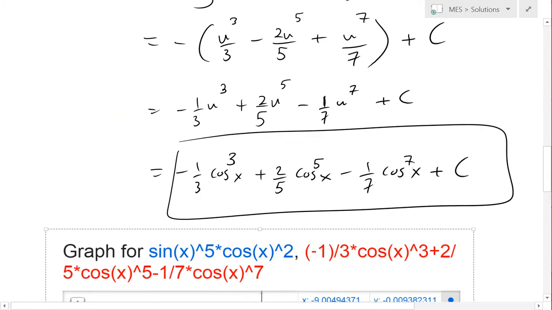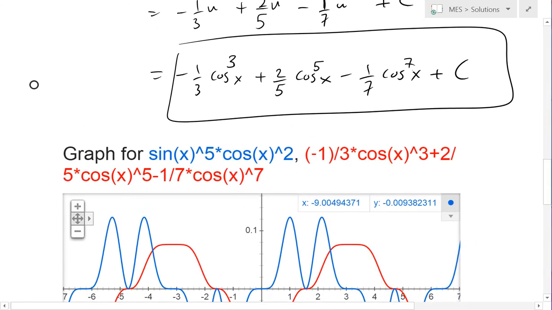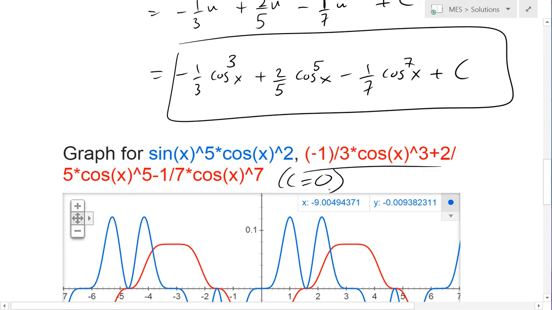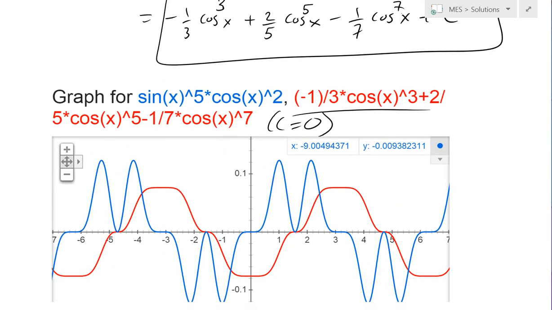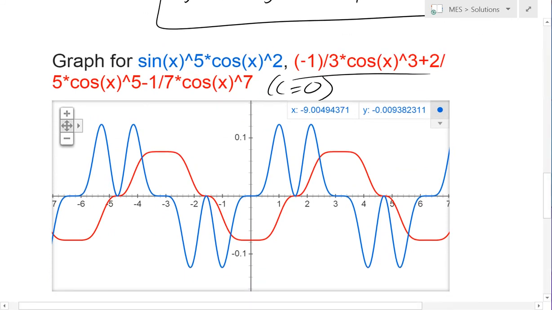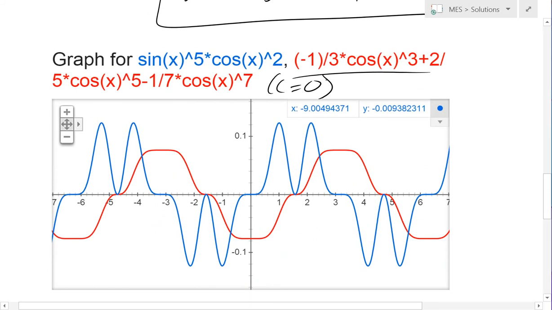Now if you were to graph the two functions, this is the integrand and this is the integral, where in this case the constant c equals 0. I just want to graph it to show, and it could serve as a double check, because we know the integral is the antiderivative of the inside function, in this case sine 5 cos squared.